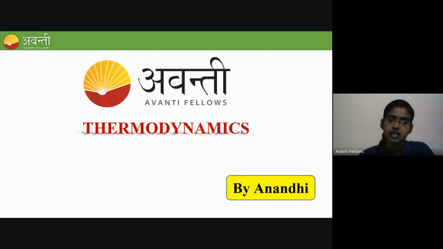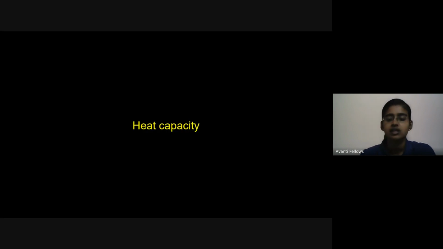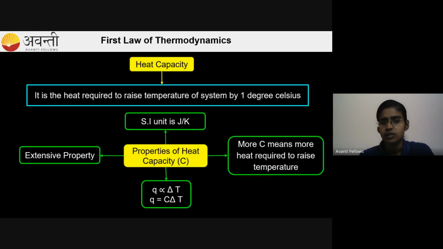We also saw two properties, intensive and extensive, and two functions, state functions and path functions. Today we are going to continue with the heat capacity topic, which is also a topic of the first law of thermodynamics.